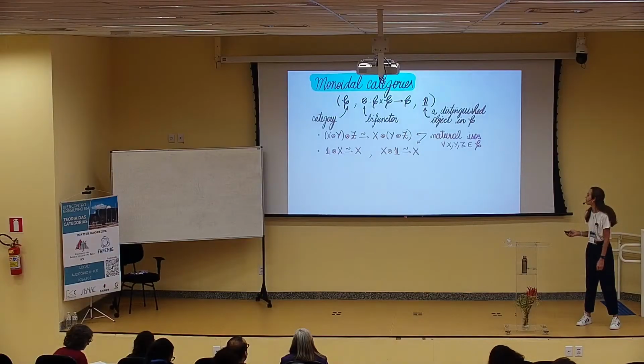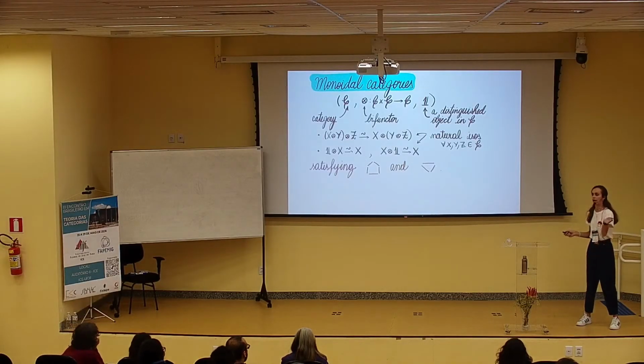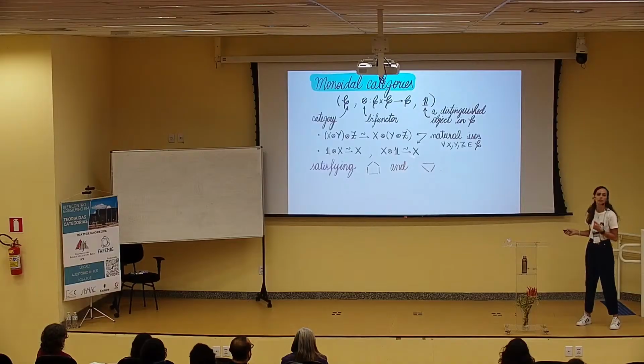And of course, we always have diagrams to commute. So if you put 4 objects, how do I associate them in a nice way? So you have a pentagon for that. And if you put 2 objects and the unit in the middle, how do I do that? So you have a triangle as well.